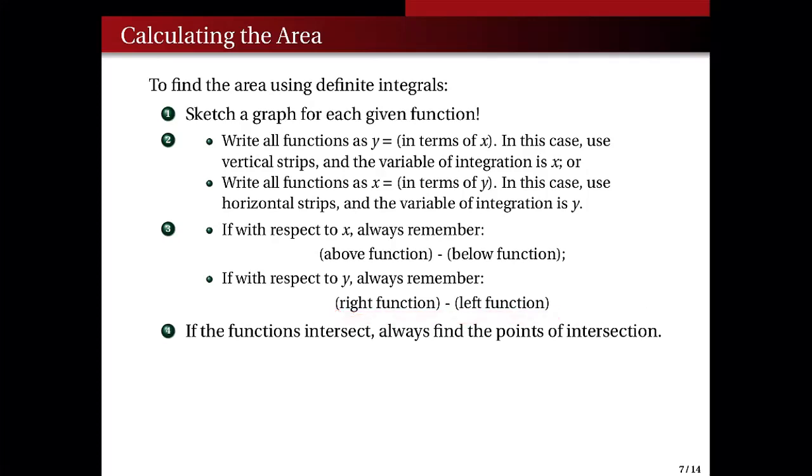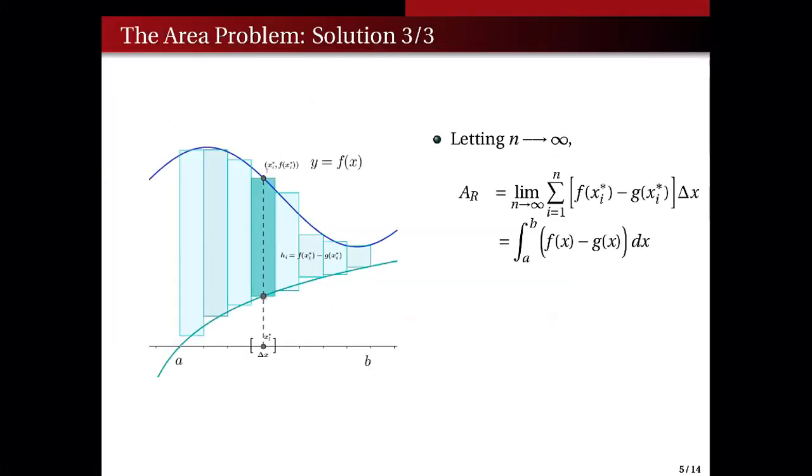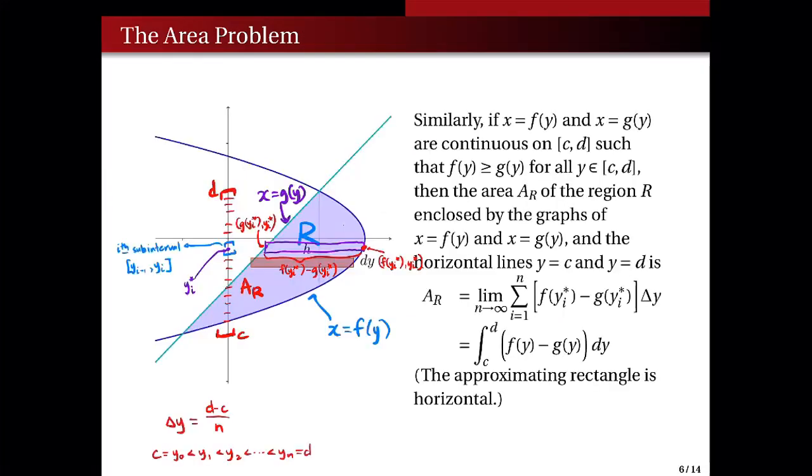Let us go back to this guy here. F of x is above function, g of x is below function. So above function minus below function: f of x minus g of x. In here, your f of y is this guy here, and your g of y is this guy here.